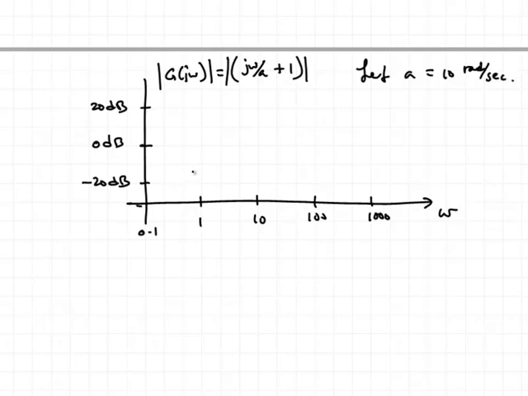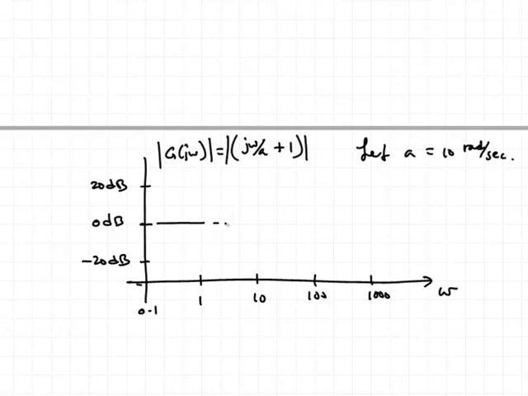Then we say at far below a, which is far below 10, the magnitude we saw was 0 dB. And I'll draw a dotted line here. And far above a, it's going to have a slope of 20 dB per decade.